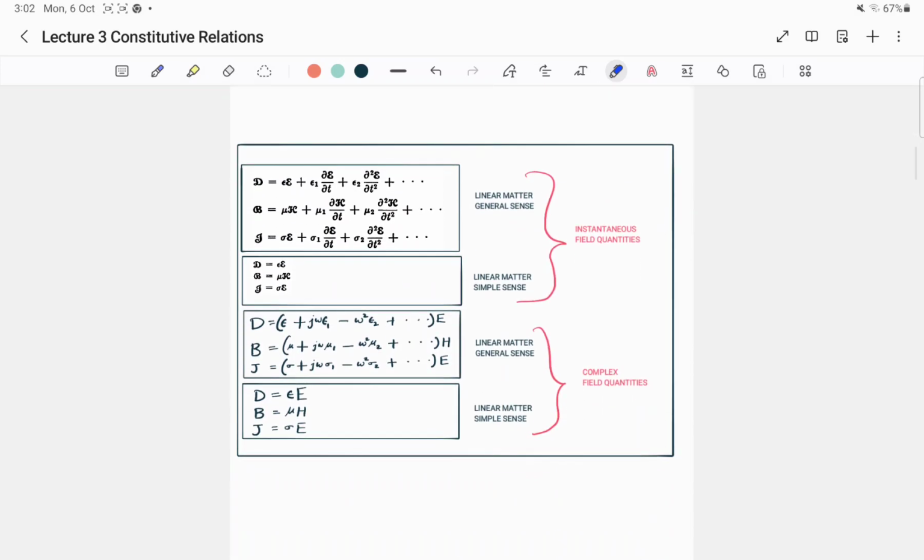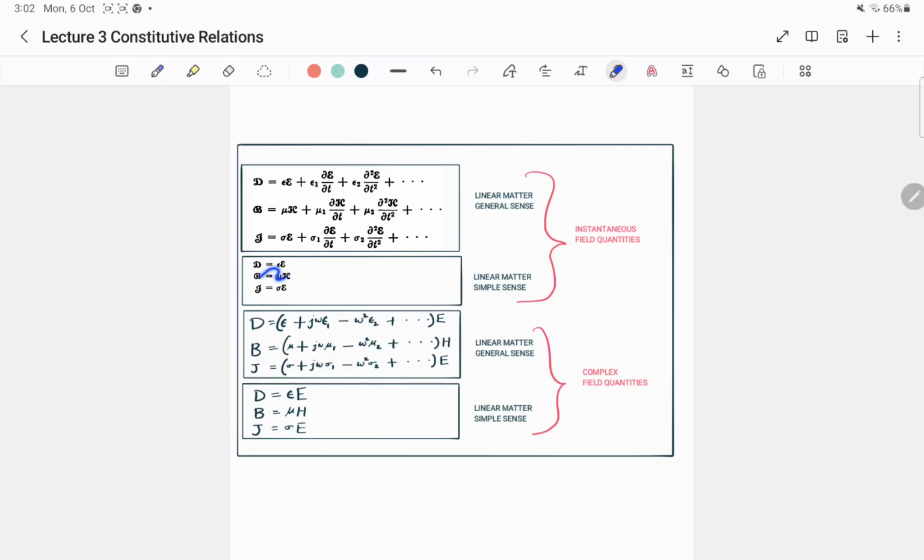So before starting the lecture, I am going to give you an overview of what we are going to see in this entire lecture. When I say constitutive relationship for linear matter in general sense, the equations look something like this.